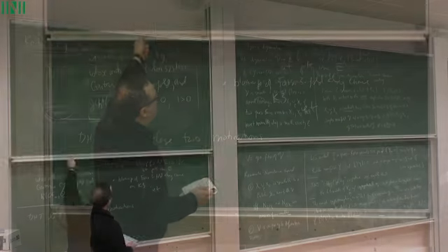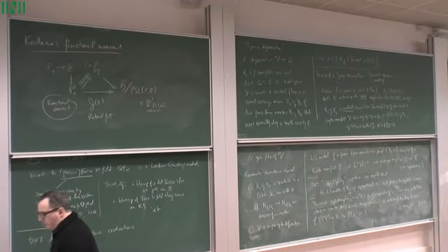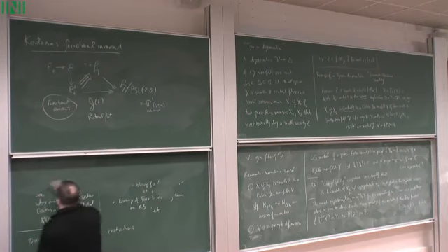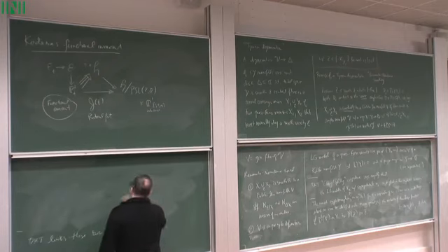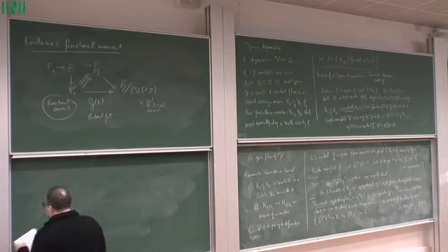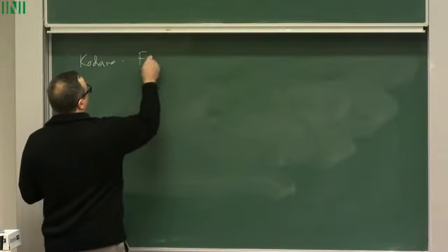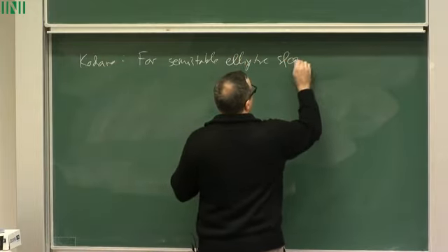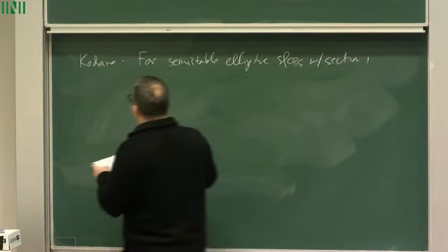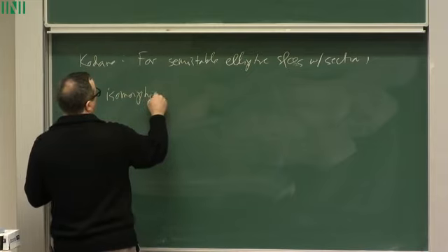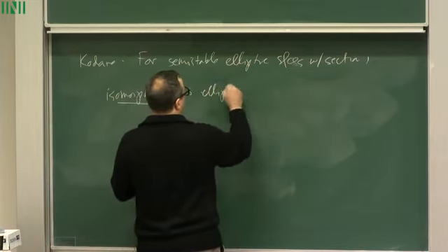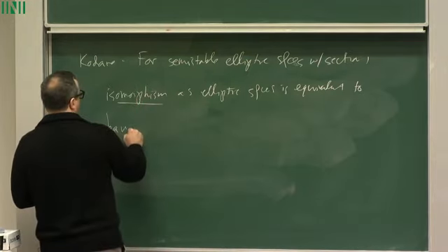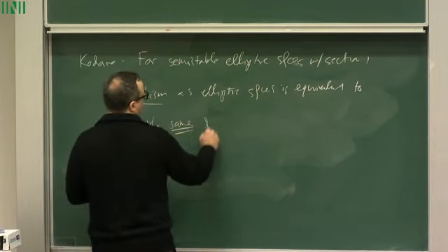Okay, but if you make the further hypothesis that the surfaces in question are semi-stable, so all of their singular fibers are of type I_N, not I_N star, okay, then you can summarize Kodaira's observation about these invariants as saying: for semi-stable elliptic surfaces with section, isomorphism as elliptic surfaces is equivalent to having the same functional invariant.